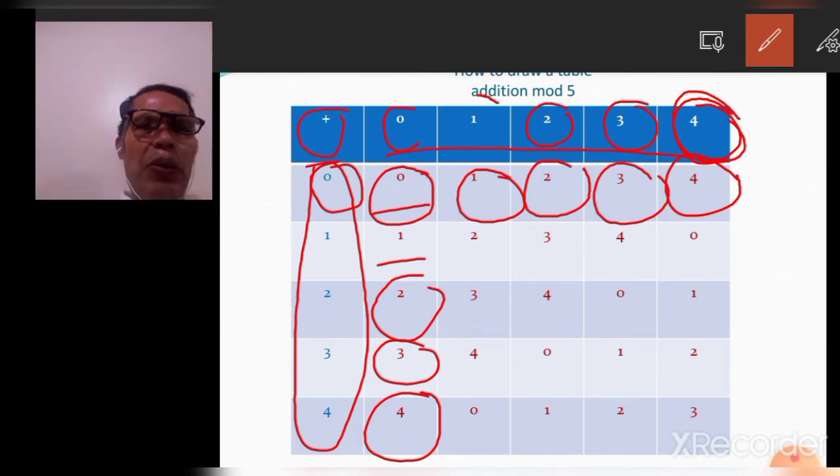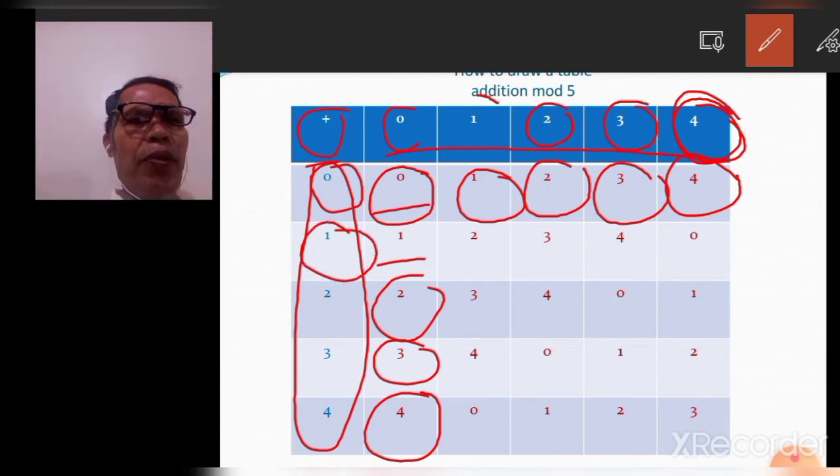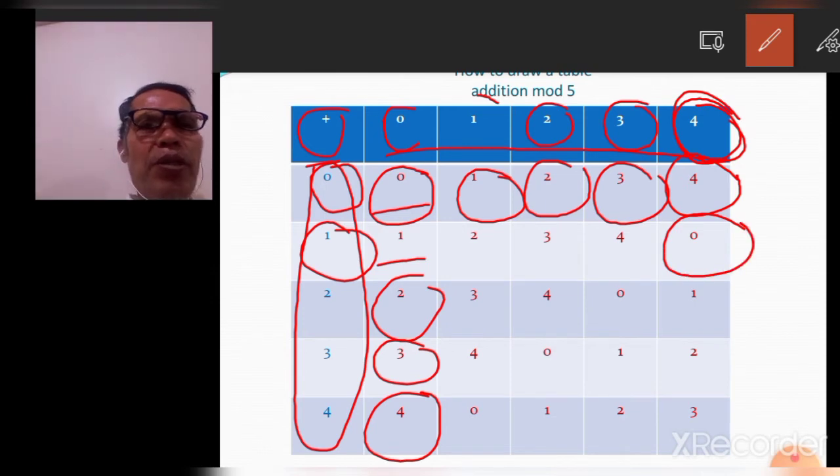Now, take a look at what happens if we add 1 plus 4. Blue 1 plus 4 white equals 0. Why? Because 1 plus 4 is 5, divided by 5. You cannot put 5 because the elements in the system or in the table only go up to 4.